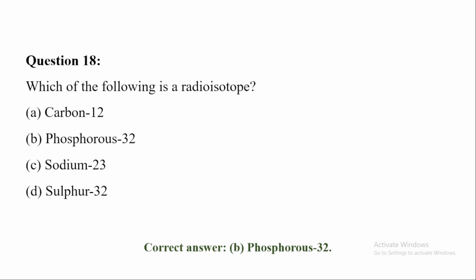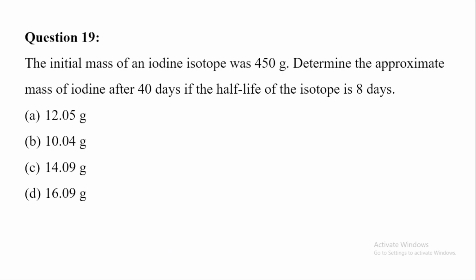So S35 is generally the radioactive form. Like P32 we have S35. S32 is the most commonly found form of sulfur. So the answer is P32.